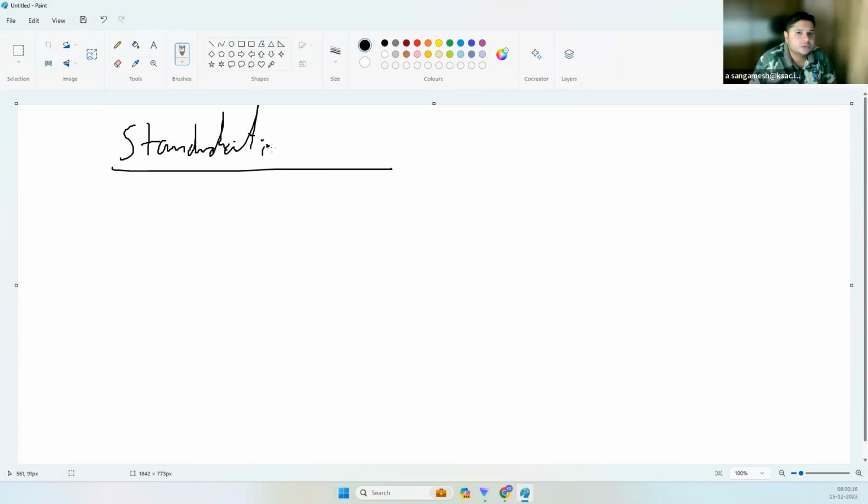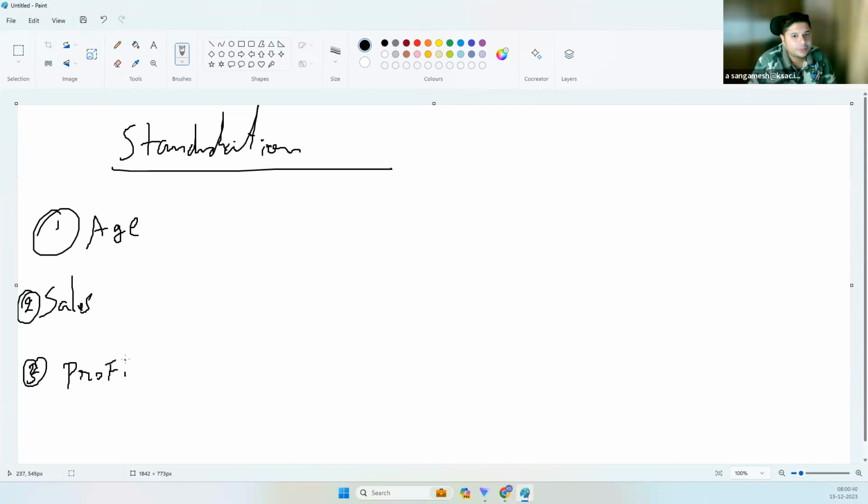Let's assume, I'm just giving you a small idea here. You have a column called age, and a second column called sales. Along with that, you also have something called profit. A human age will be in units and tens.